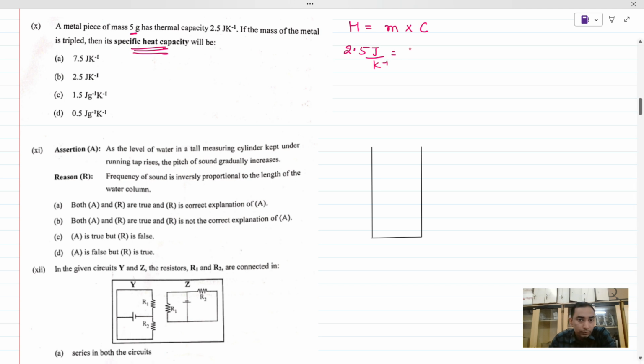And that is equal to 5 times C. So C goes down. So the answer is 0.5 joule per Kelvin per gram. Now, if this is the case, let's find out the specific heat capacity. And see, specific heat capacity is mass independent, right? So my answer should be D option.